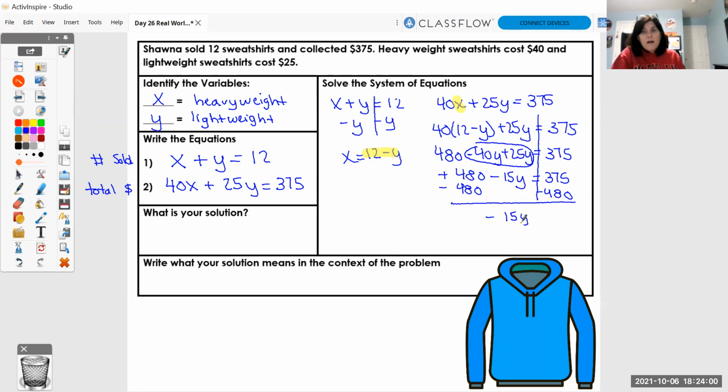Negative 15y equals, I know some of you already got it. You guys are quick. Negative 105. Last step, divide by negative 15. And I end up with y equals 7.